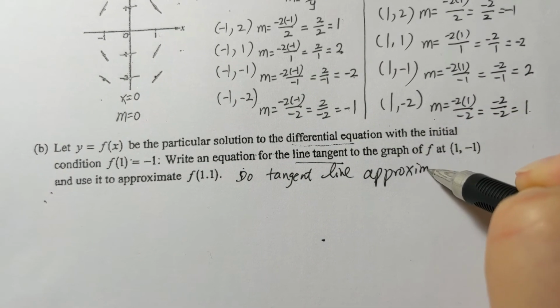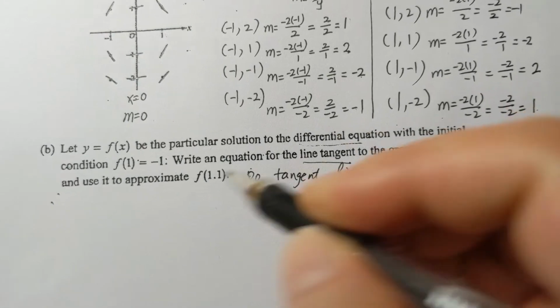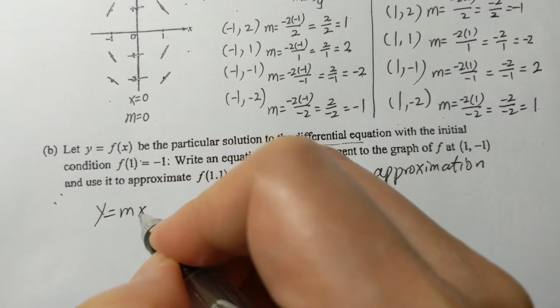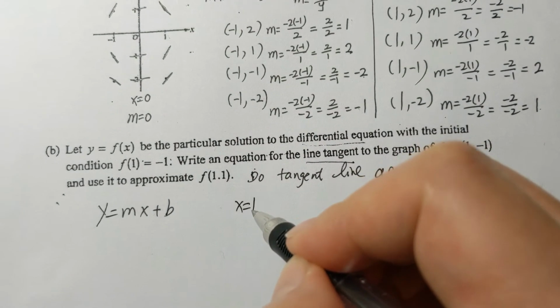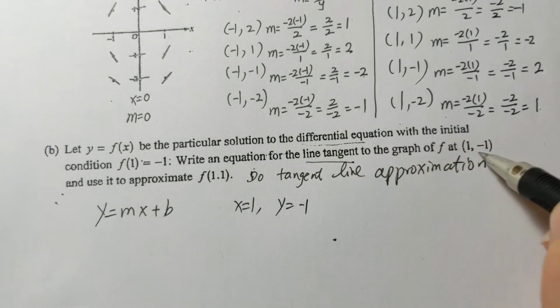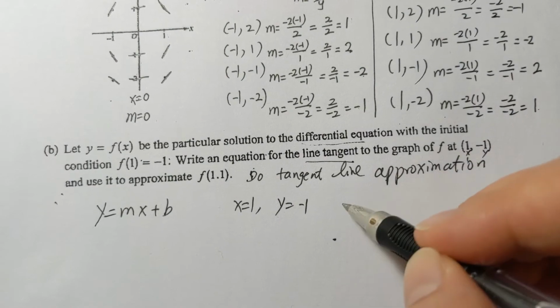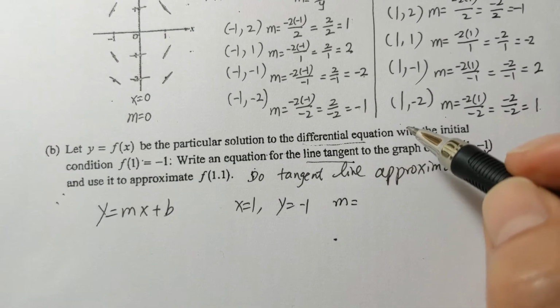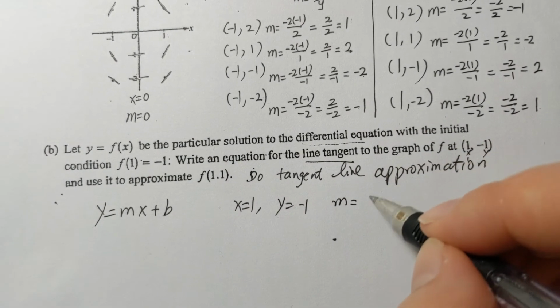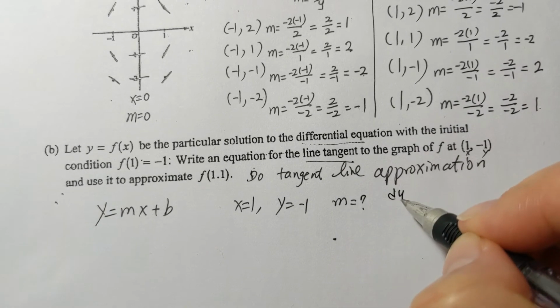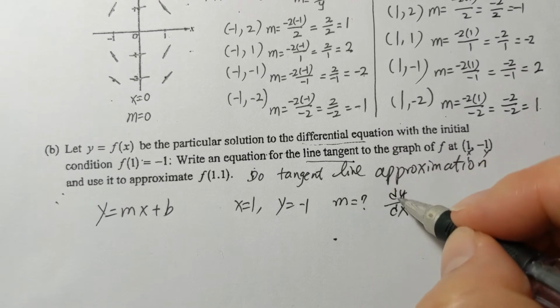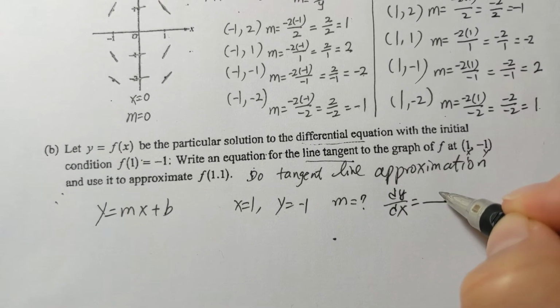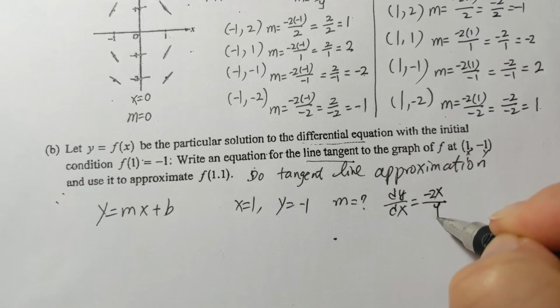tangent line approximation again. So that means we have to do y equals mx plus b, and we're going to use the point x, y, and then m. We're going to be using dy/dx, just like the previous question. So m equals dy/dx, the equation negative 2x over y.